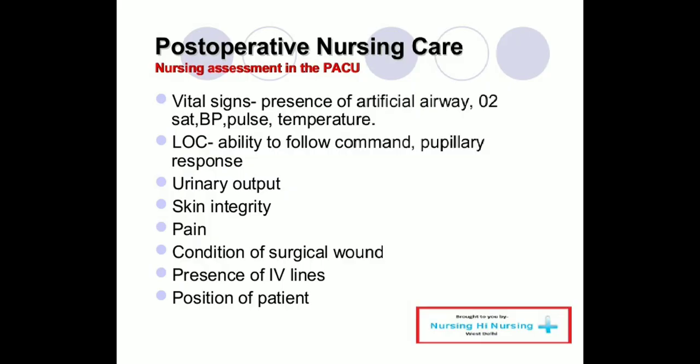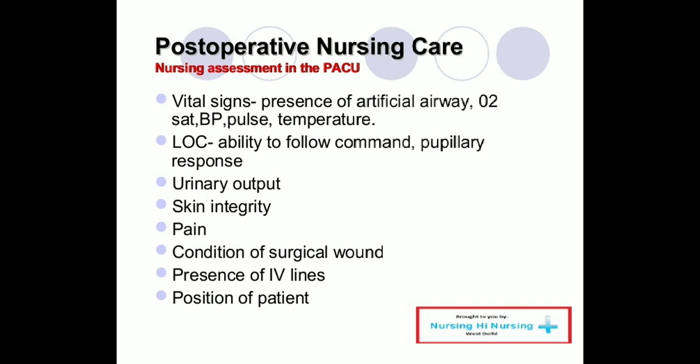So coming to the post-operative nursing care, just like we go through the five steps of the nursing process, in the same way in post-operative nursing care also, nursing assessment should be done in the post-anesthetic care unit. So the first thing is the vital signs. We have to check the respiratory rate, the temperature, pulse rate, and the pain sensation of the patient.